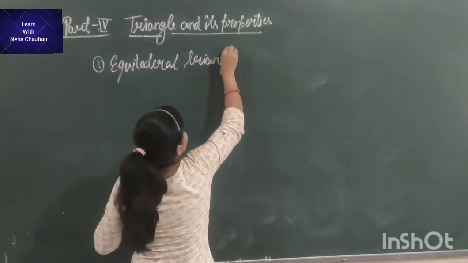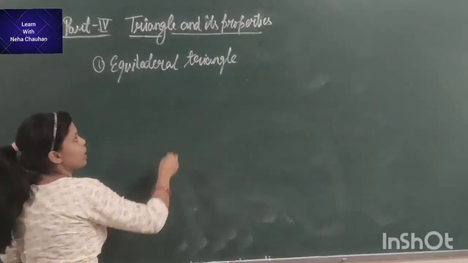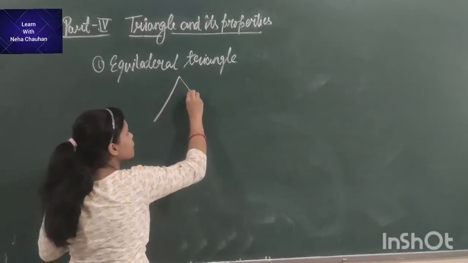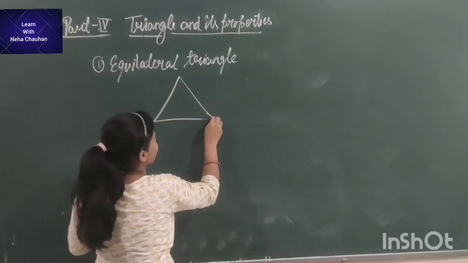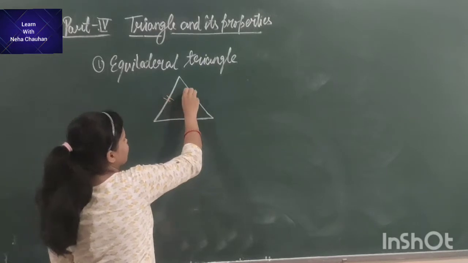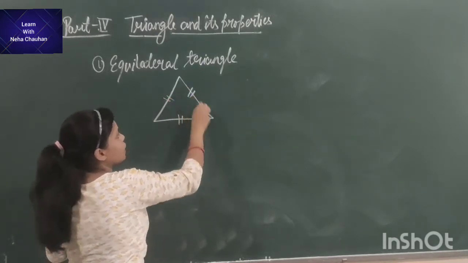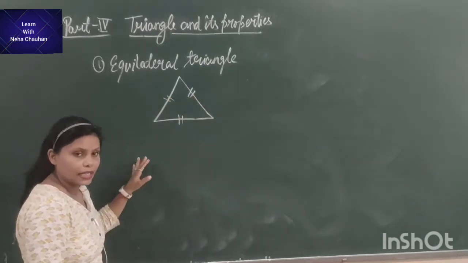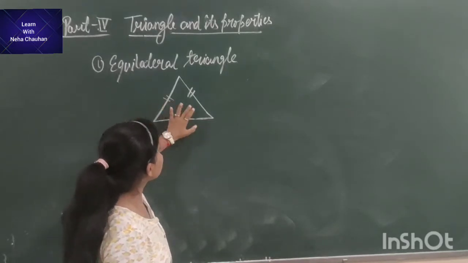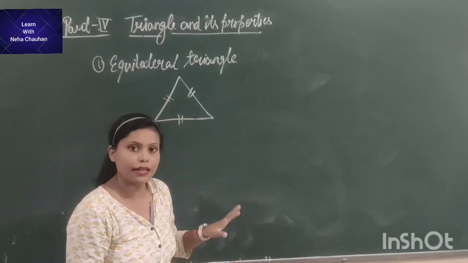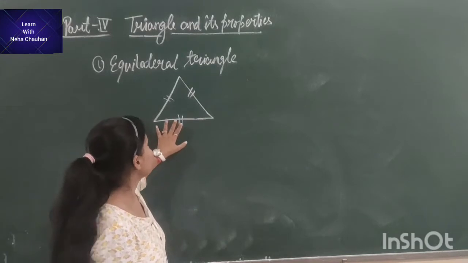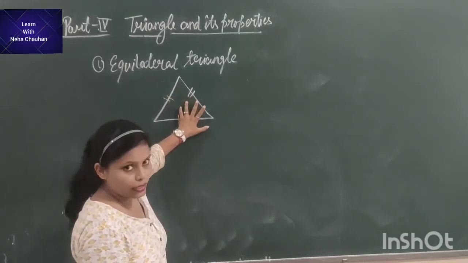Equilateral triangles are those which have all three sides equal to each other. When all three sides of a triangle are equal, the triangle is known as equilateral.